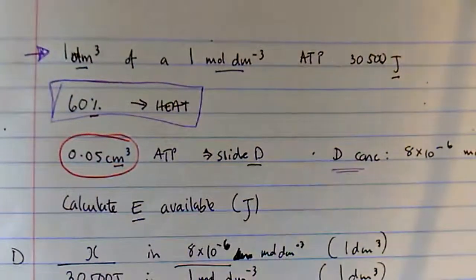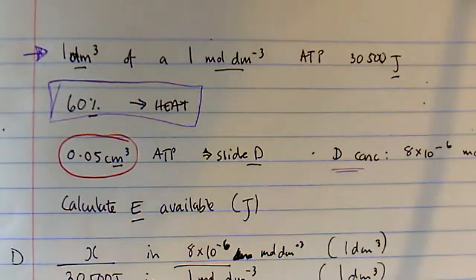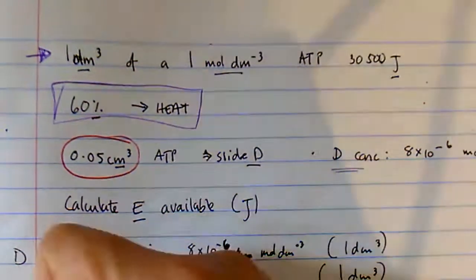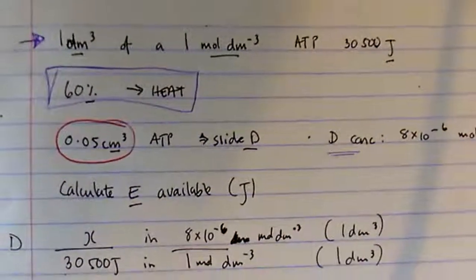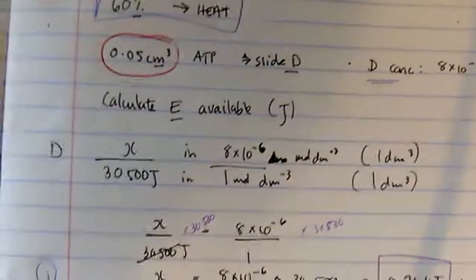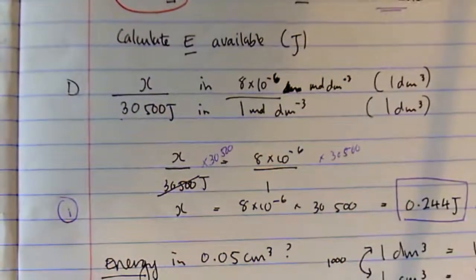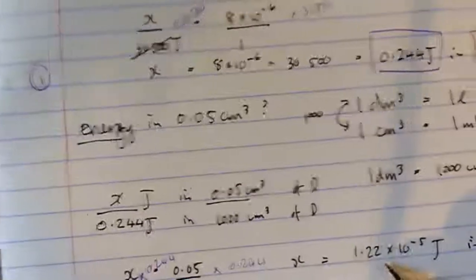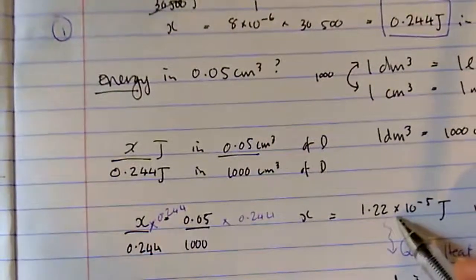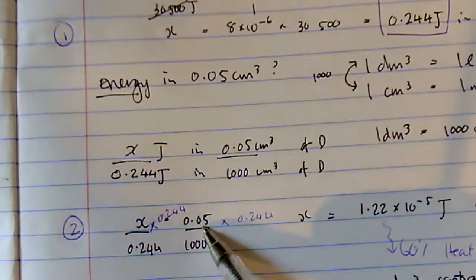So the first thing you have done is used ratio and proportion to calculate how many joules there are in 1 decimeter cubed of solution D. The second thing you've done is taken that value and calculated how much energy there is in 0.05 centimeters cubed.